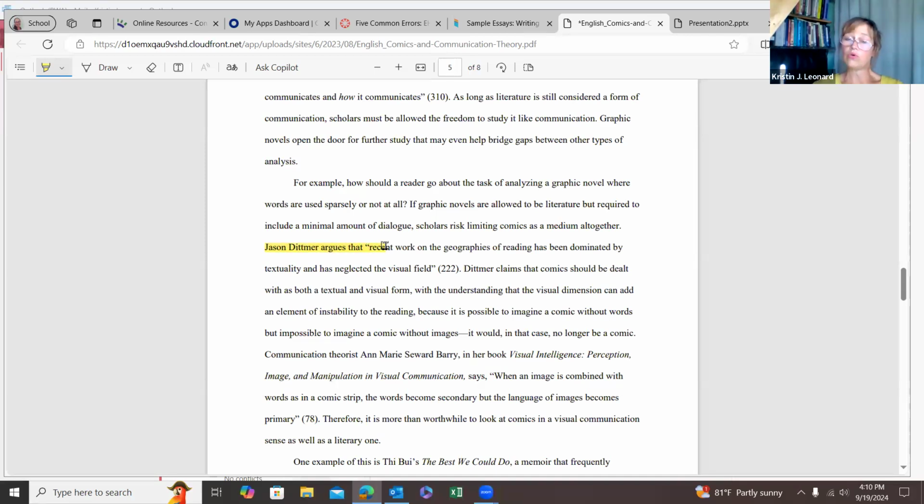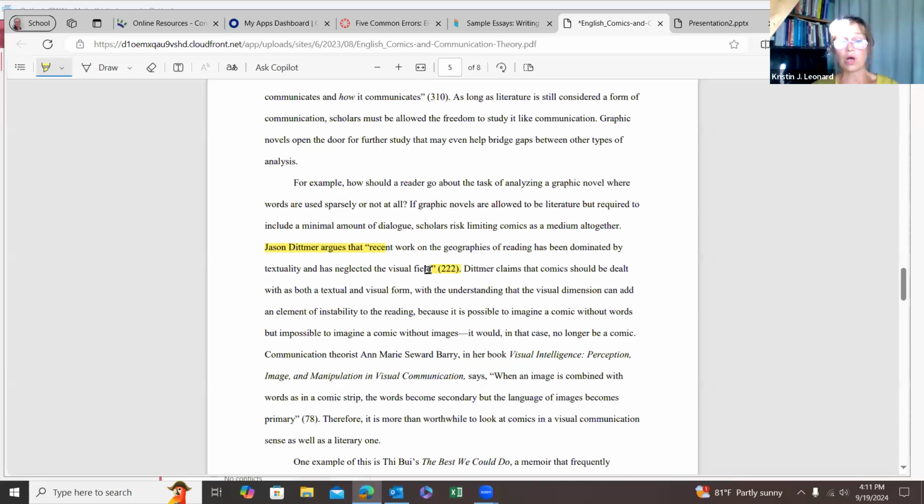Jason Dittmar argues, she has the word that in here also, recent work on the geographies of reading has been dominated by textuality and has neglected the visual field. So we are ending that quote. So even though this writer may have loved this quote, it's not just floating out of nowhere. It's not recent work on the geographies of reading has been dominated. No, we're introducing it so our readers can follow us.